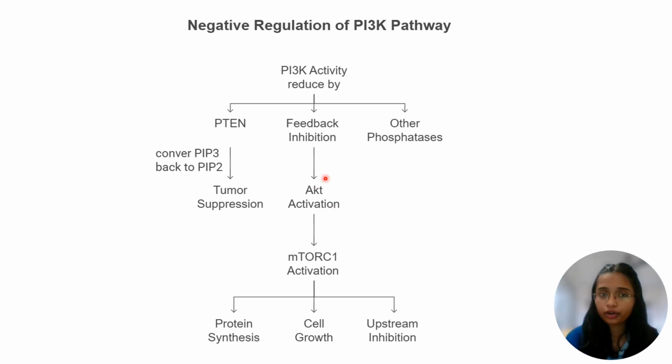And as you all know, AKT gets activated in this pathway. After that, this AKT activates this mTORC1 protein, which is helpful in protein synthesis and cell growth, and when the concentration of this mTORC1 is increased, then it gives a negative feedback to this pathway and gives a signal to stop this pathway.